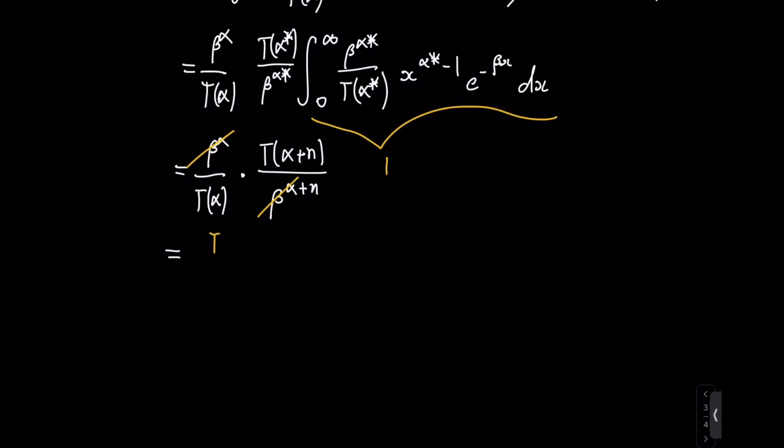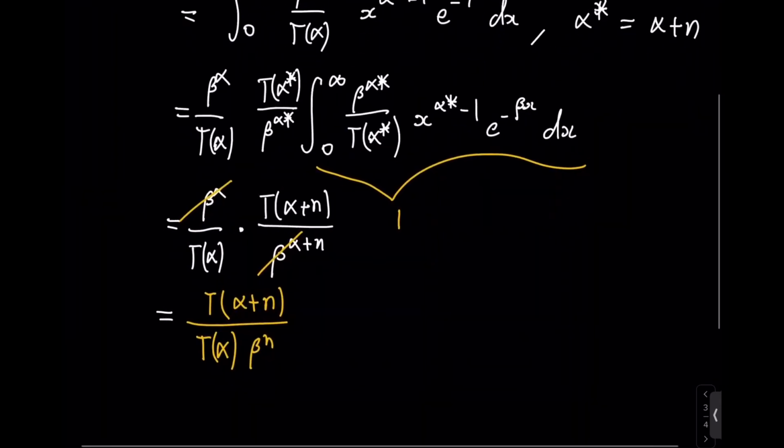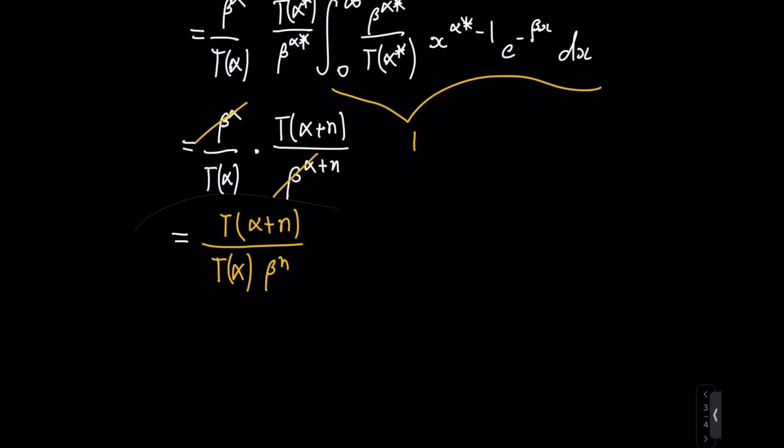So this whole fraction simplifies to gamma of alpha plus n over gamma of alpha times beta to the n. This is the generalized version of the nth moment of the gamma distribution.